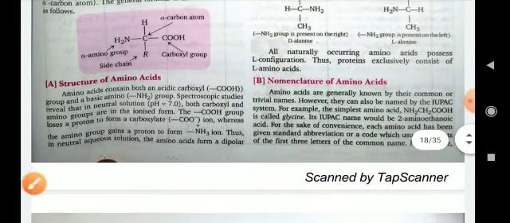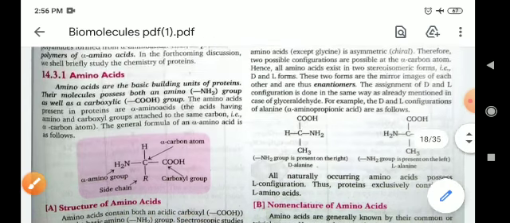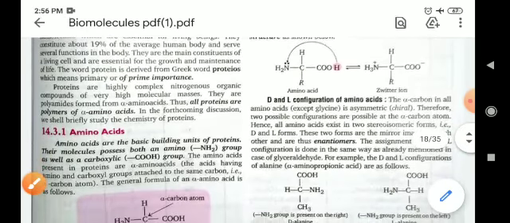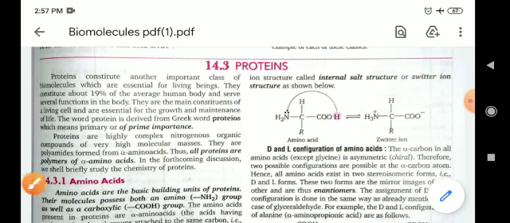An amino acid contains both an acidic carboxylic group and a basic NH2 group. Spectroscopic studies reveal that in neutral solution, that is pH 7, both the carboxyl and amino groups are in ionized form, and this ionized form of amino acid is known as the zwitterion.